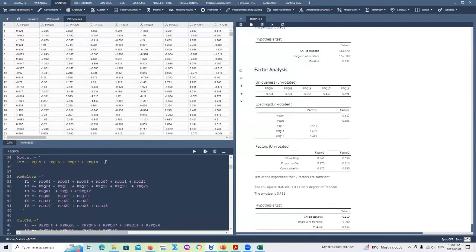Just for interest, let's keep that one-factor model and see what it tells us.